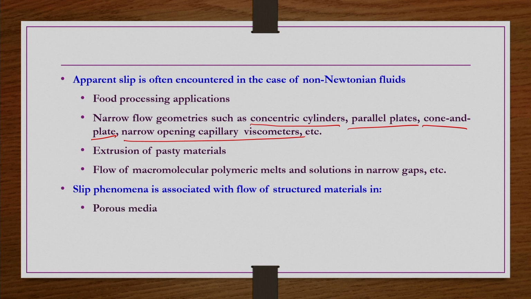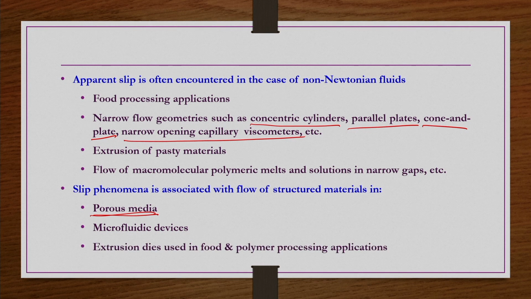If you have a porous medium, even if the fluid is a Newtonian fluid, a low viscous liquid, slippage or slip phenomena would still occur. That is quite possible. So slip phenomena are possible even in structured materials like porous media, then microfluidic devices, and extrusion dies used in food and polymer processing applications, etc.